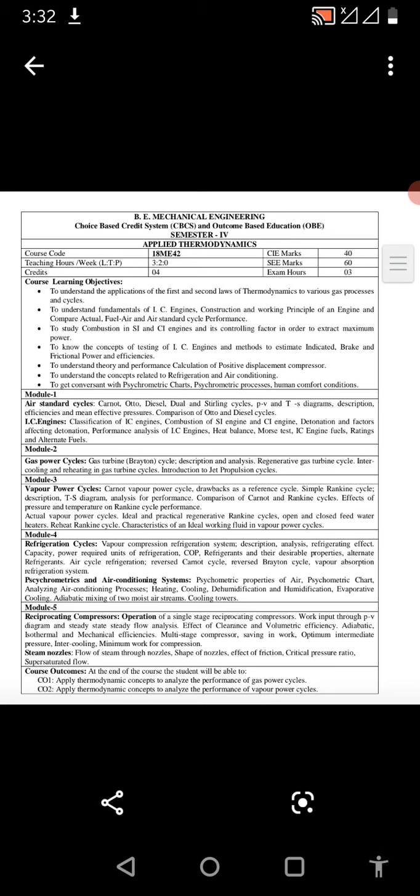Your bike engine, car engine, bus engine, train engine, all these come under IC engines, internal combustion engines, in module 1. And on what cycles they work, whether it is a petrol engine or diesel engine, they are called air standard cycles, where we consider air as the working fluid. We do not consider any combustion; in the ideal situation we study the air standard cycles.